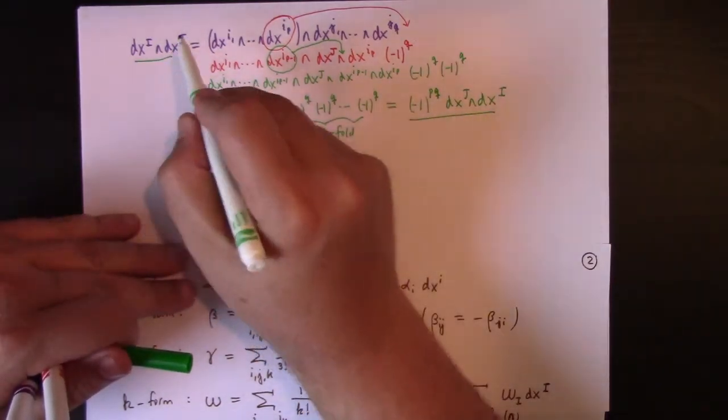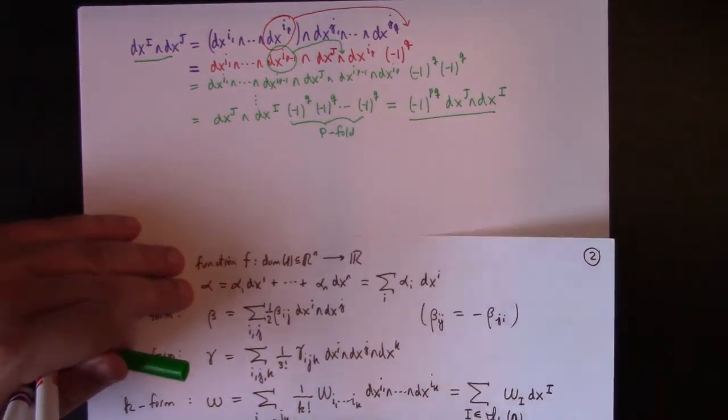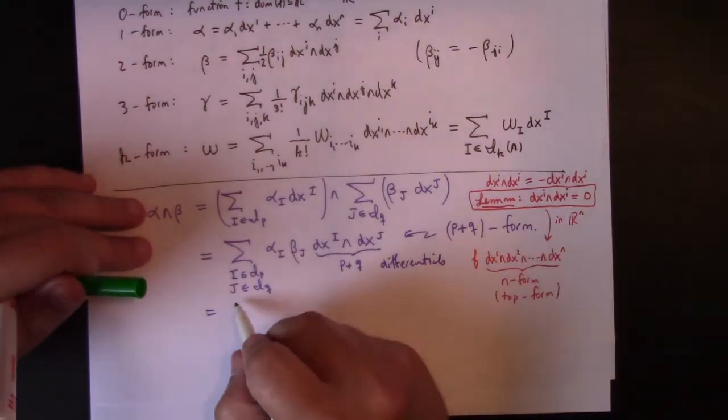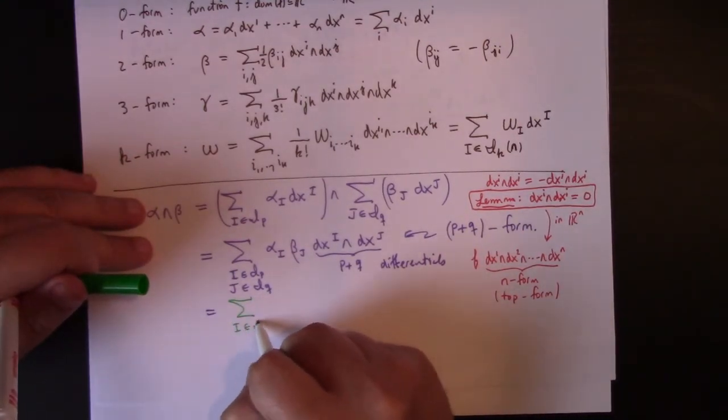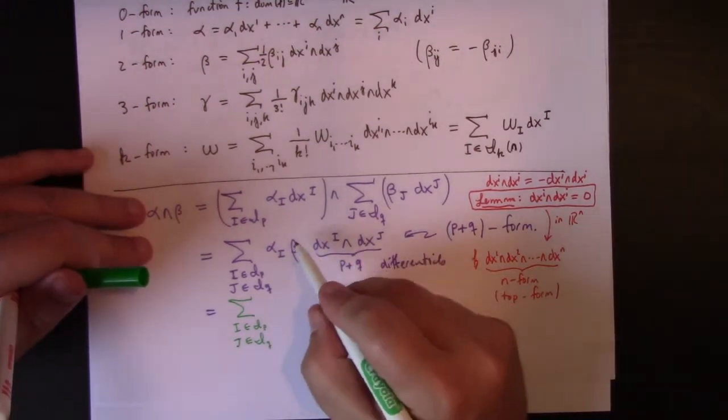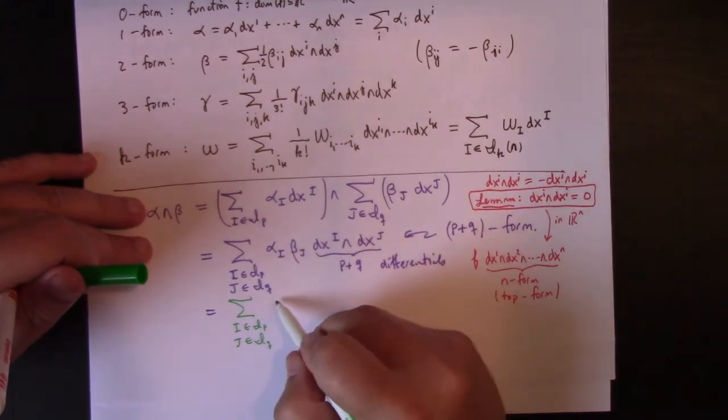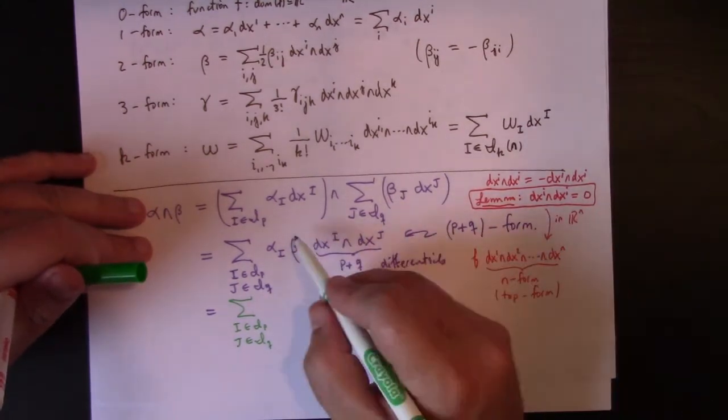Now, that identity is wonderful, and we can go back and use that here. So we get the sum over I and J, and I can switch the order of, well, I won't do it yet, fine, I will.